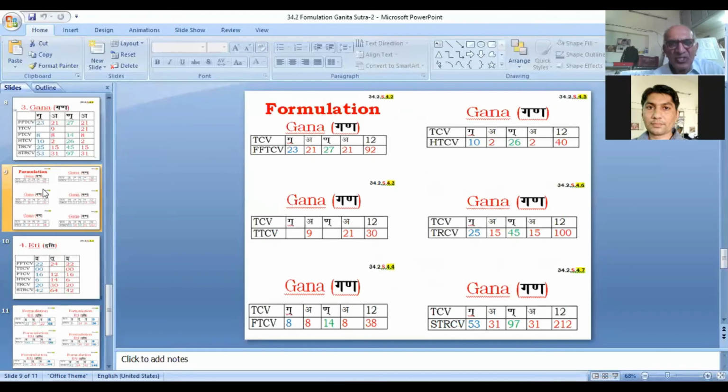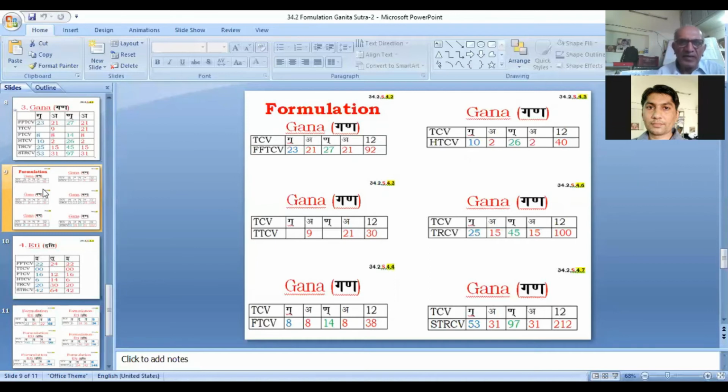These 6 sheets, these 6 tabulations are bringing us face to face with the values range 92, 30, 38, 40, 100 and 212. This range of values 92, 30, 38, 40, 100 and 212 be reached at for their parallel geometric formats.